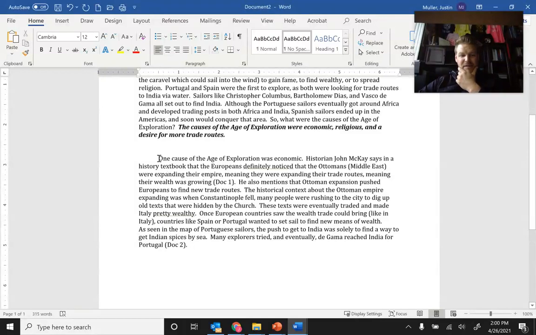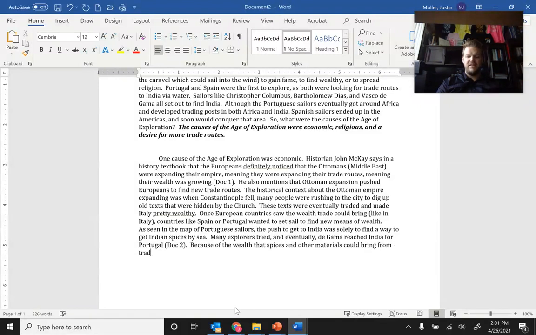So I think I pretty much proved the economic reasons for the age of exploration. So I'm going to end it with, because of the wealth that spices and other materials could bring from trade, this is why the age of exploration was caused by a desire for wealth.